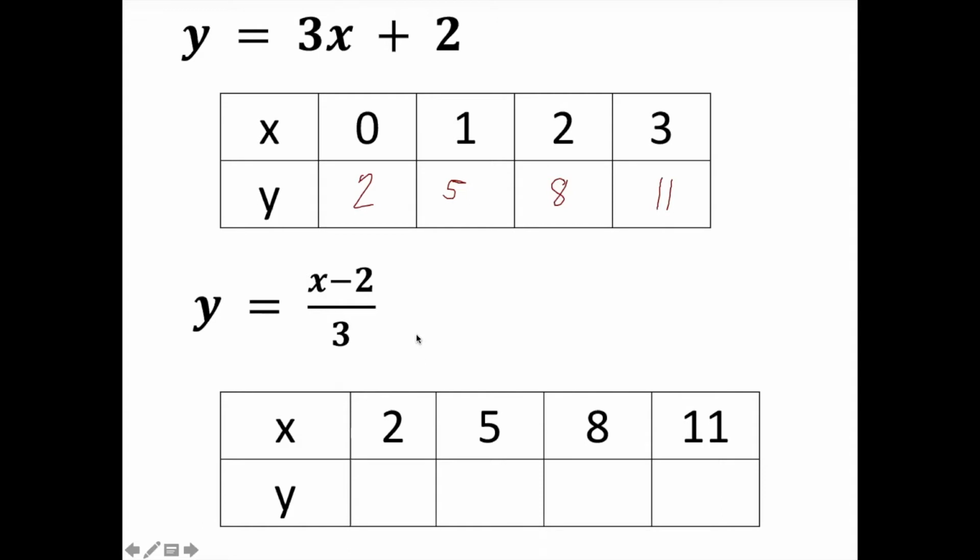How about the second one? Using the given equation, you have 0, 1, 2, and 3. Any observation with the given values of x and y in the given equation, what can you observe?